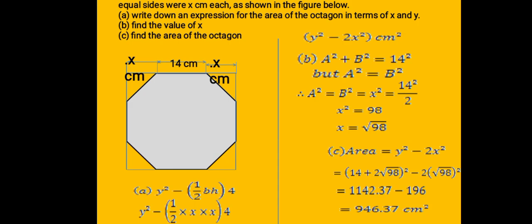So it means the base length of that isosceles triangle is equal to 14 centimeter, because it has to be a regular octagon, or the side of that octagon should be 14. Now let's find y squared. Y squared is equal to half base times height times 4.